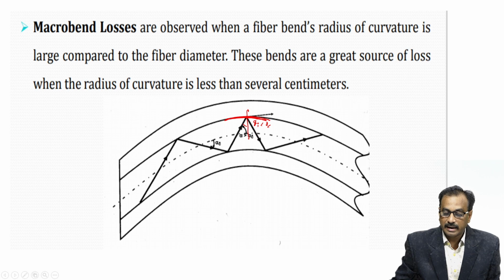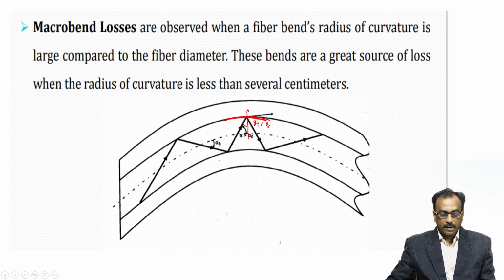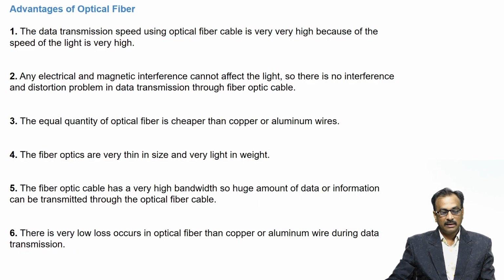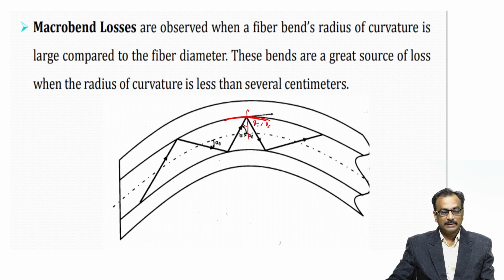Now the light ray can escape from the core material. This is called macroscopic bending loss. These are the important attenuation mechanisms in an optical fiber.